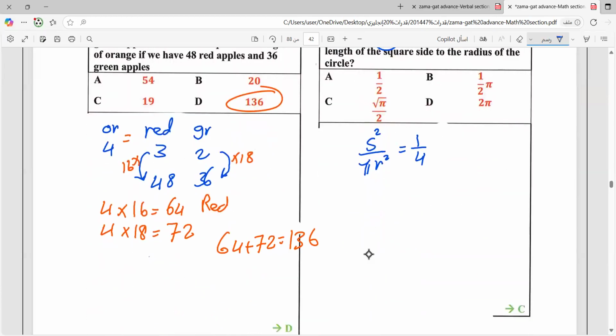Then the same, you multiply, S squared over R squared is pi over 4. Then you take the square root.